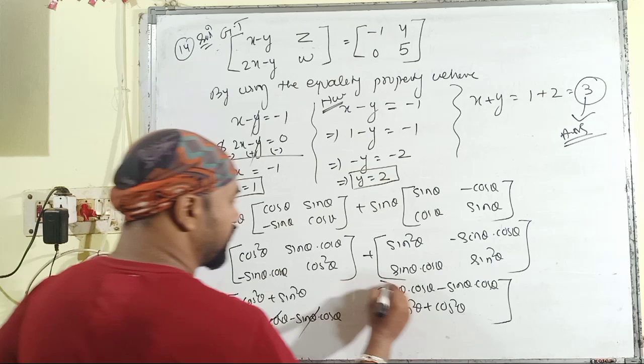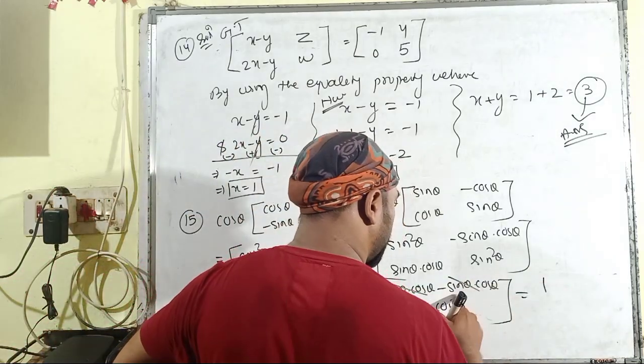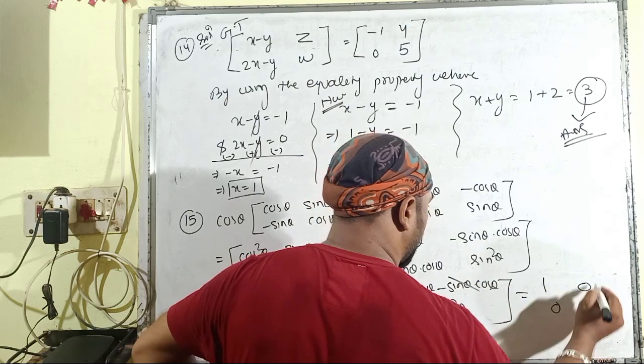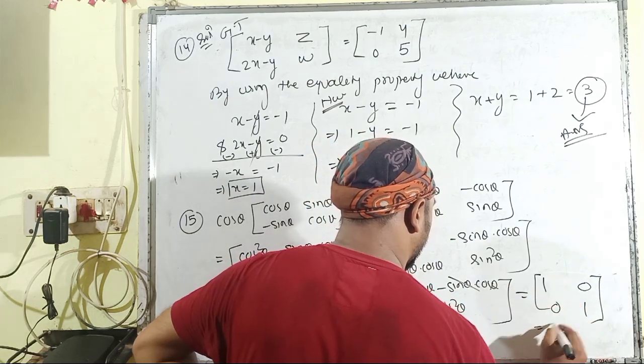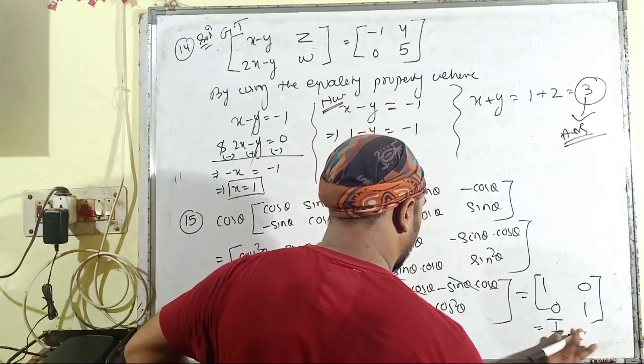These two terms got cancelled here. Then cos square theta plus sin square theta is 1, then it is 0, this is 0, and this is 1, which is the identity matrix of the order 2, and this is the answer.